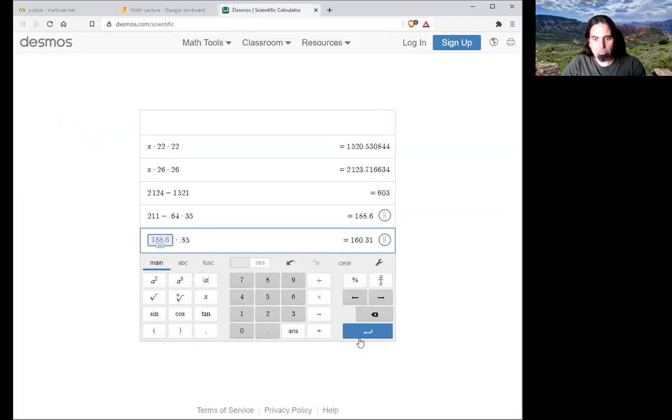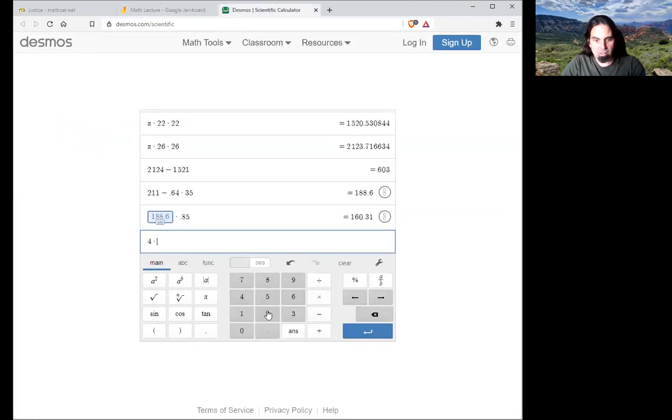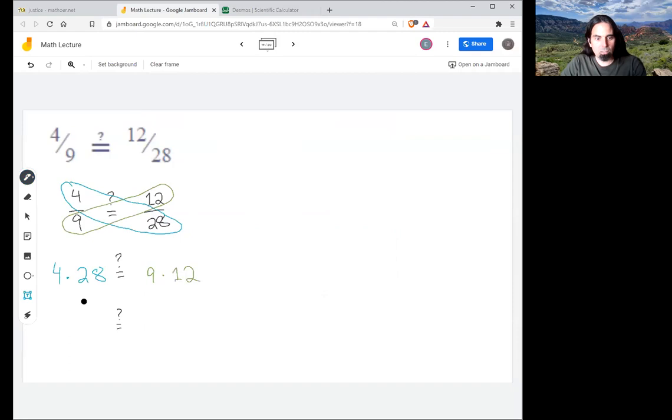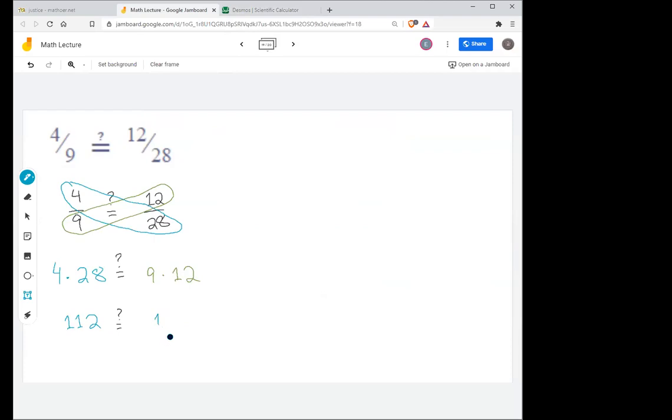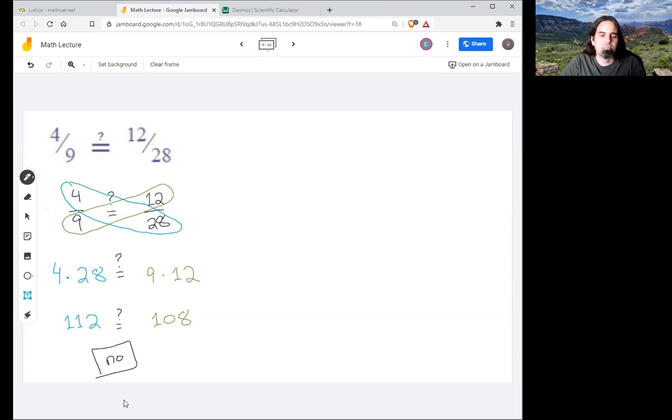So what's 4 times 28? 112. 9 times 12 would be 90 and 18. So 108. That's not going to work. No, they're not equal.